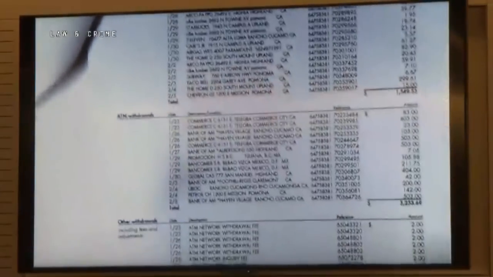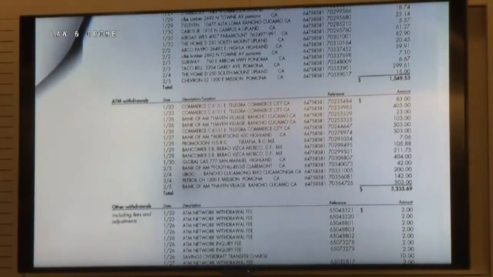Going back to page 2 of this particular month for January, are you familiar with banks potentially having limits on how much cash you could take from an ATM per day? Sure, yes. Okay, so that's not uncommon.